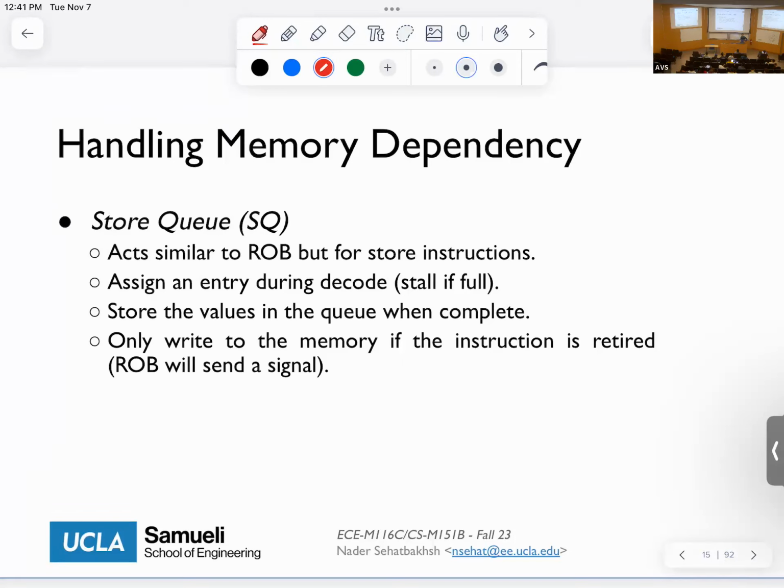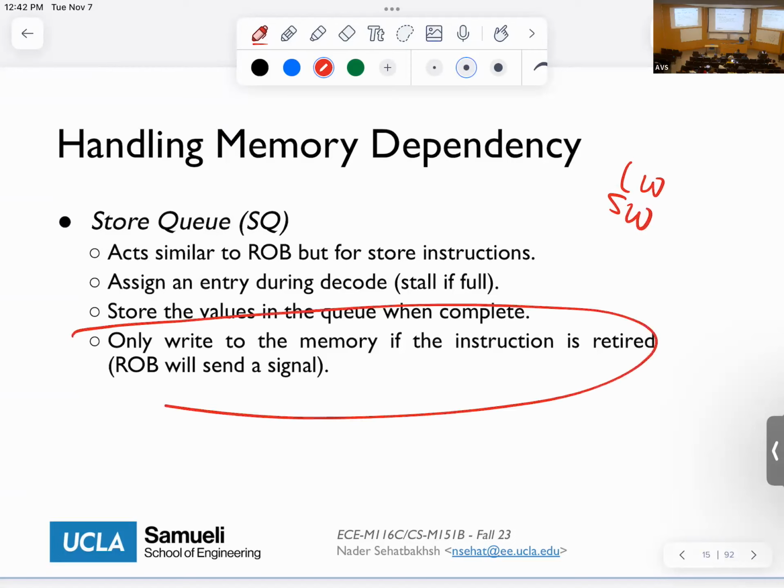If it does, we don't go to the memory, we read it from there. So we always guarantee that the most updated value of each memory line is within the load store queue. We only remove the load or store instruction from the queue when the instruction is retired. During complete, we write things to the load store queue, but once the instruction is retired, we get rid of it from the queue.